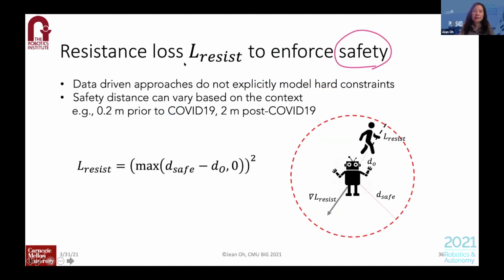So the resistance loss was added to ensure the safe distance. So this is trying to enforce a bit of a hard constraint. It is not a hard constraint, but it is a pretty strong term, so that the robot will at least try very hard to avoid a collision.